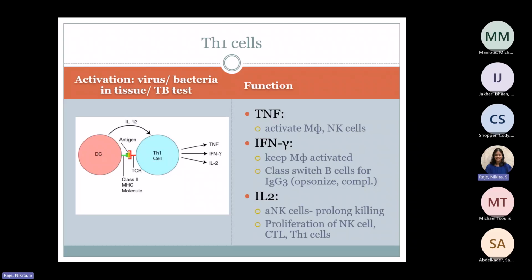Once those were sensed, the dendritic cells go to the lymph nodes and on the way as well release IL-12. IL-12 acts on the helper cells, and these helper Th1 cells will release particular cytokines that are specifically going to help with intracellular infections. So those are TNF, interferon gamma, IL-2.